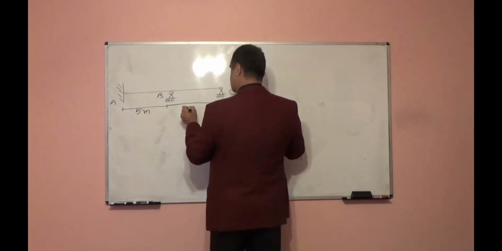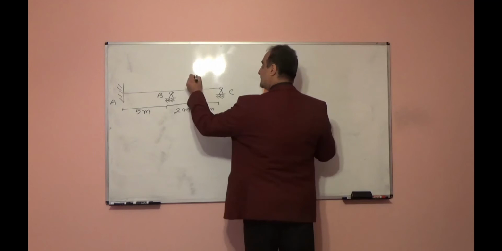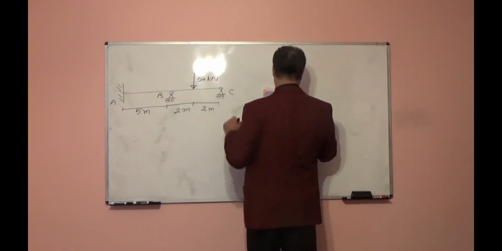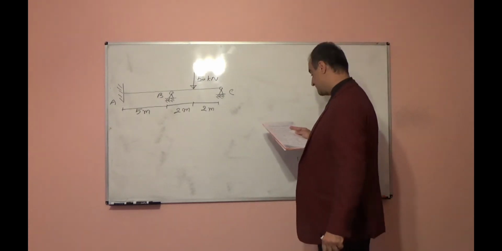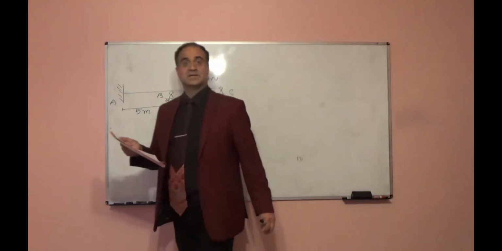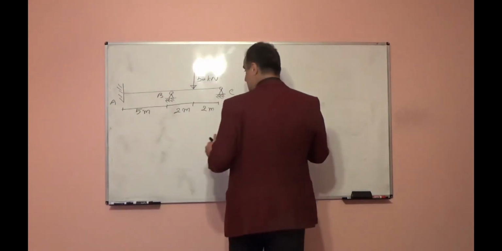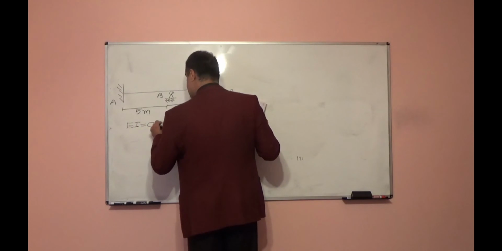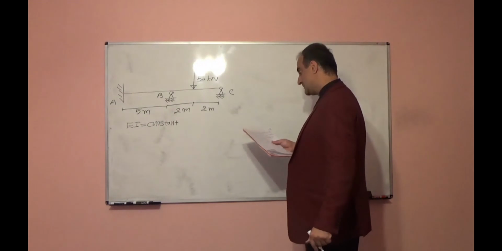This span is 4 meters, 2 meters, 2 meters, with one concentrated load of 50 kilonewton here. We want to find reactions. We will use the moment distribution method, and EI for the entire beam is constant.